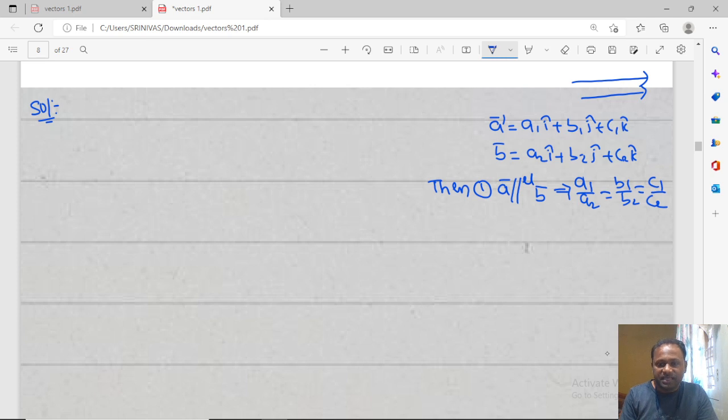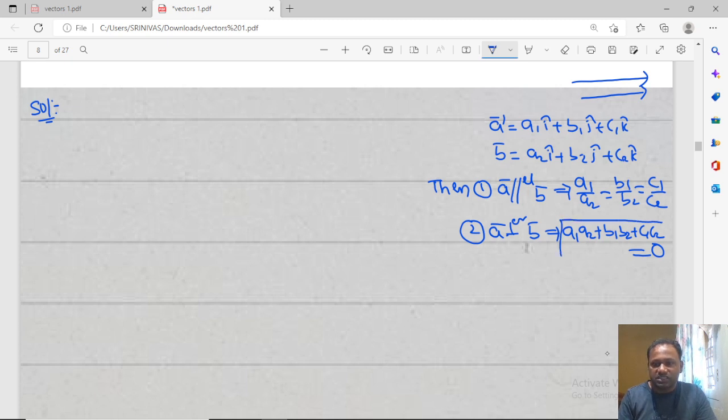And second condition, A bar perpendicular to B bar, then a1 a2 plus b1 b2 plus c1 c2 is equal to 0. So these are the most important conditions.